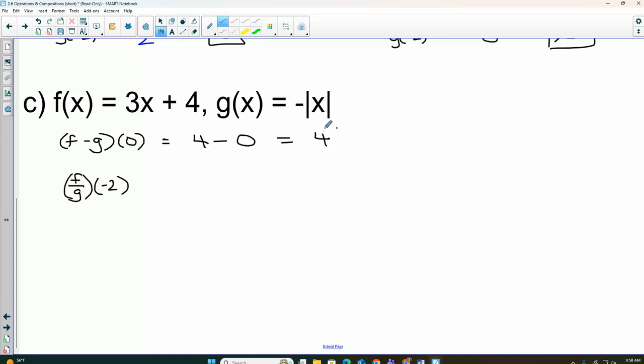So 4 minus 0 is 4. We divide f of negative 2. If you put a negative 2 into f, what do you get out? Divided by g of negative 2. The absolute value of negative 2 is 2, but I have a negative in front of that. So negative 2 divided by negative 2 is 1.